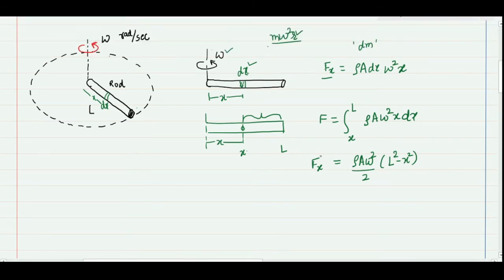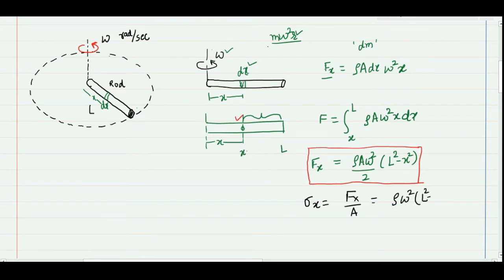Sometimes in the GATE examination or other examinations, you have to find the value of the centrifugal force at any given section, or you have to find the stress value for any given section. If you want to find the stress at this section, what would be the stress value? We know that stress is force divided by cross-section area, so my stress at any section x will become the force Fx divided by the cross-section area, and A will cancel out, and my formula will become rho omega square times (L square minus x square) by 2.